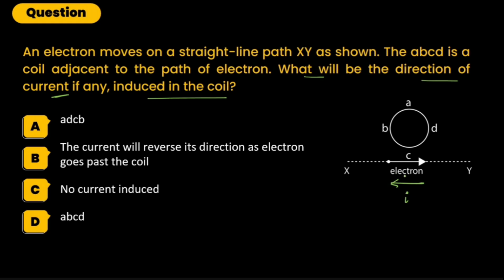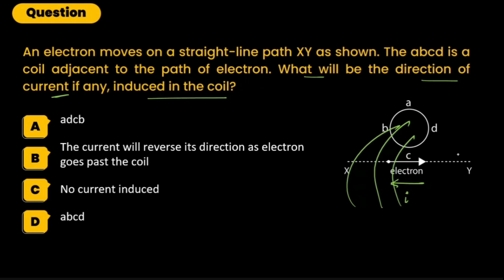If the electrons are flowing from X to Y, the current must be flowing from Y to X. So if the current is flowing from Y to X, the magnetic field should be this way, passing through the ABCD coil this way. This field keeps on changing as the electron keeps in motion.